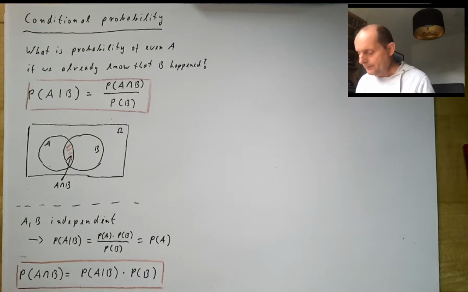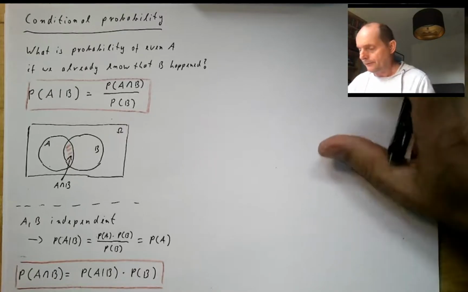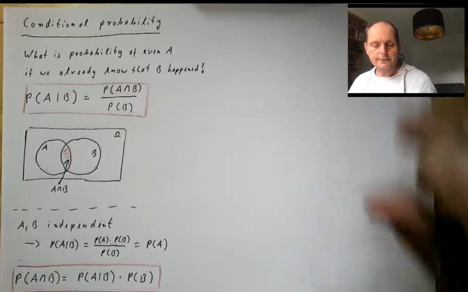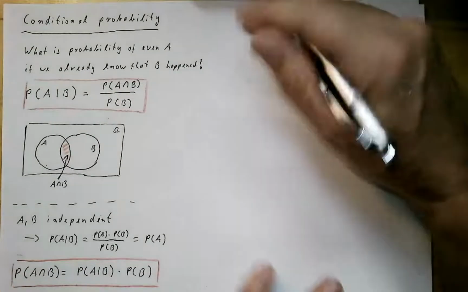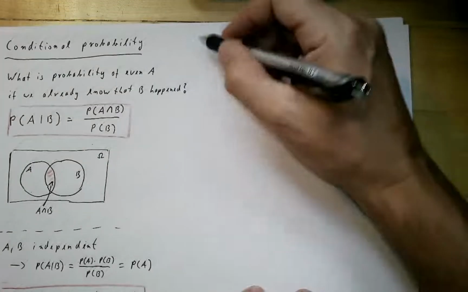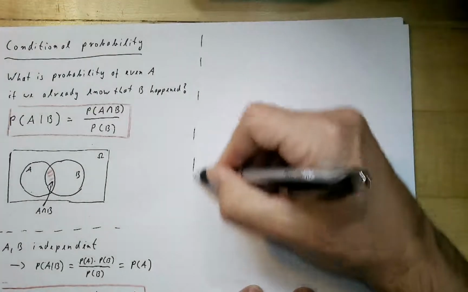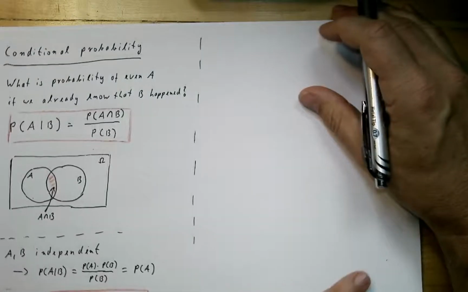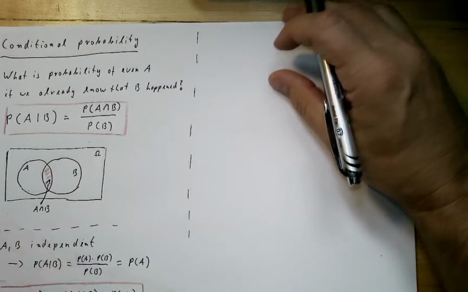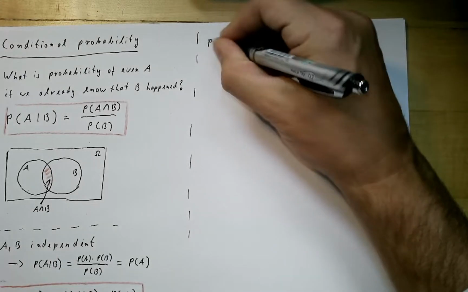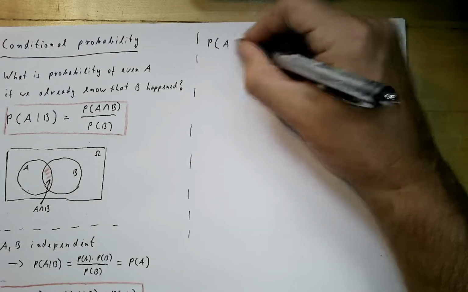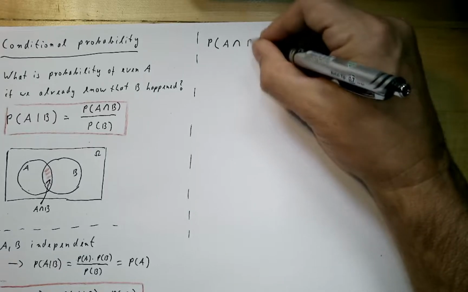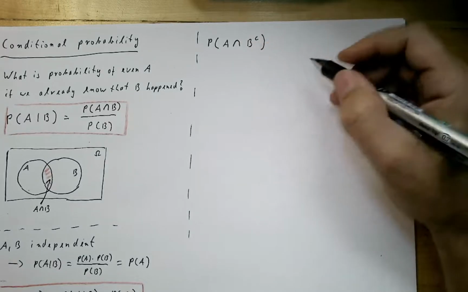More interesting is if we now look at the intersection with the complementary event of B. That's an interesting application. Let's make this bigger so that we have some space. So what is then the probability of A and the complementary event?